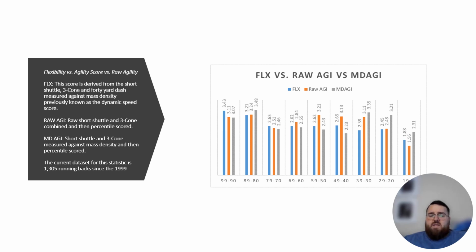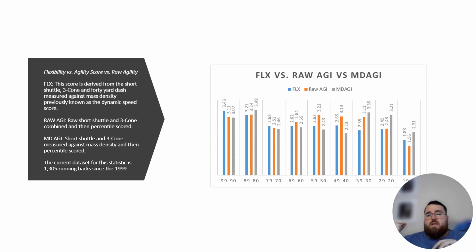And what I think you'll see is that the flexibility score is more consistent, more stable between the 99 percentile down to the low percentile versus the raw agility score. So the raw agility score takes the short shuttle and three cone, doesn't look at the 40-yard dash, adds them together, and then ranks them from fastest to slowest.